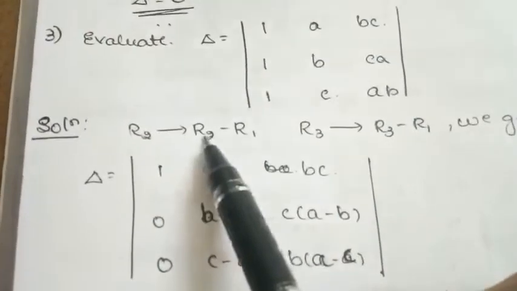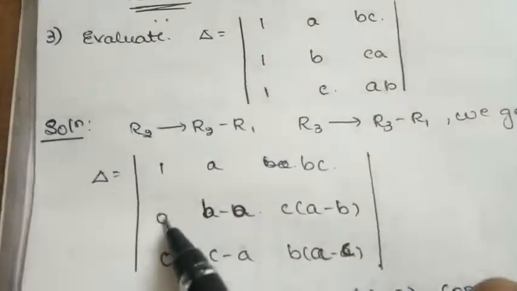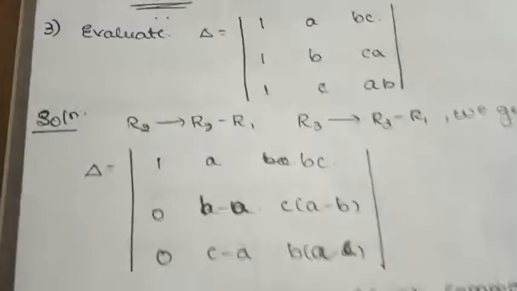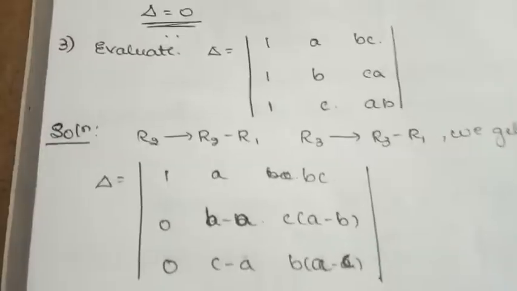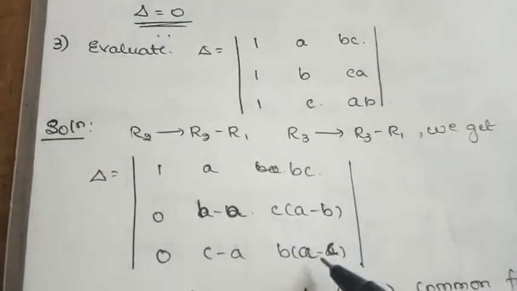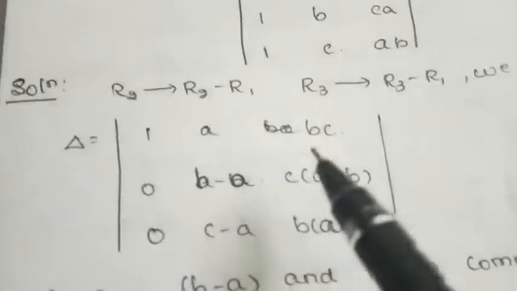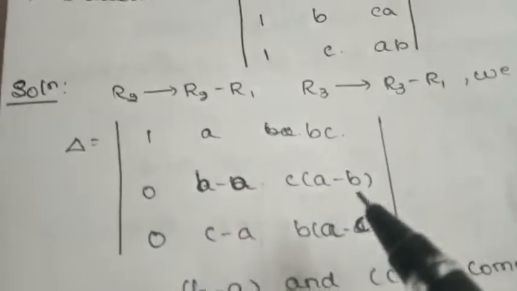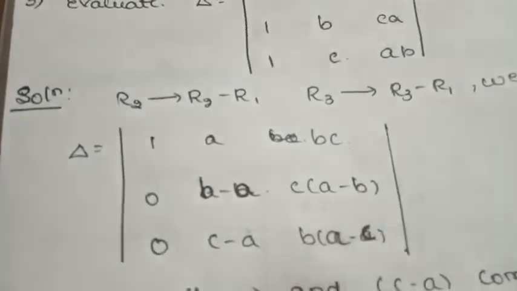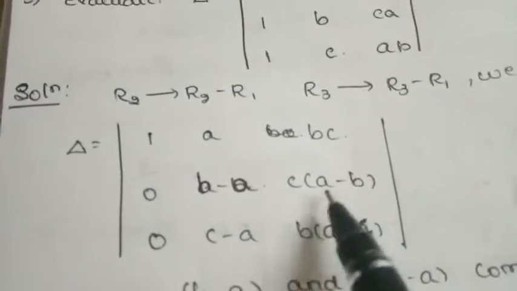So R2 minus R1, at that time this becomes 0, B minus A. Here C is common, so it becomes A minus B. And again for the third row it becomes 0, C minus A, and here again B is common, so it becomes A minus C. So now this is the determinant which we have got. After that you can see here we are having B minus A and here we are having A minus B. I can take A minus B common outside.